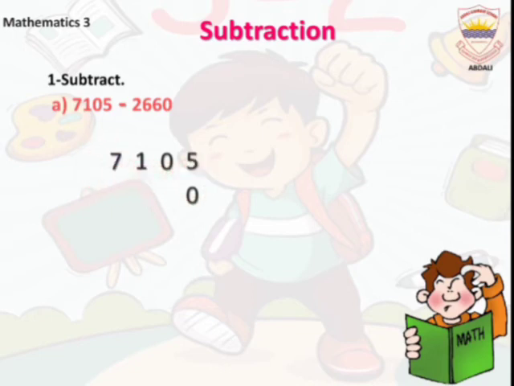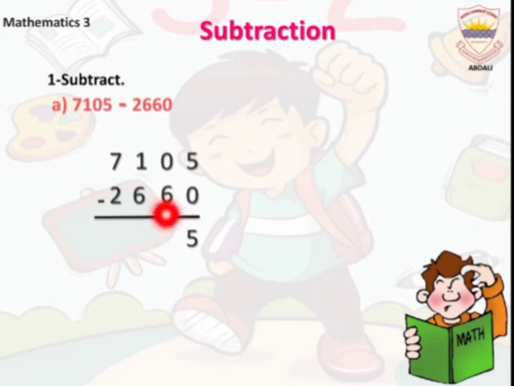We start to write numbers from ones place, and after that we write our tens, hundreds, thousands. Now students, what do we do now? We start to subtract from ones place.